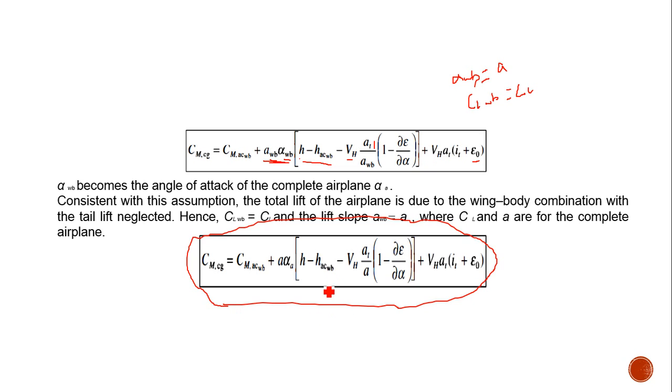Here VH is the tail volume ratio. This is the moment of wing.